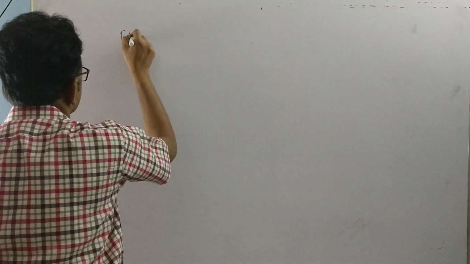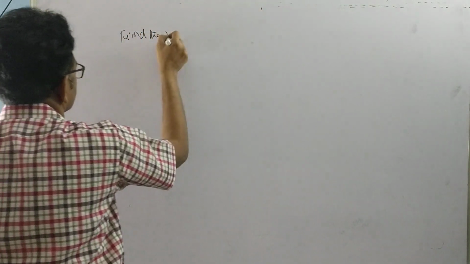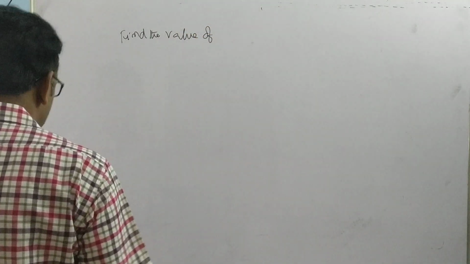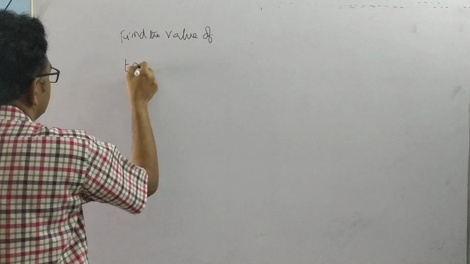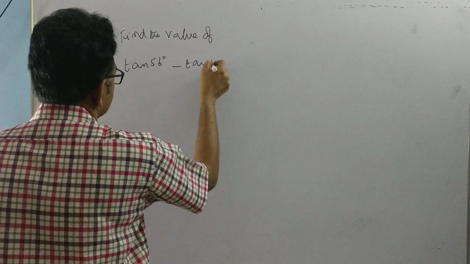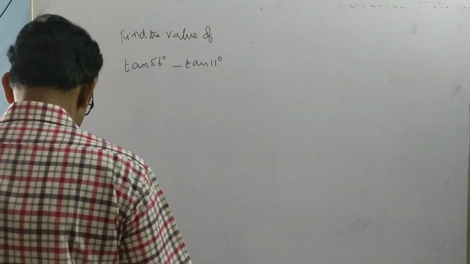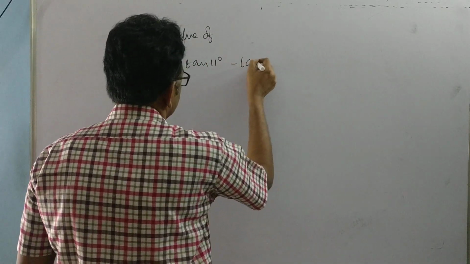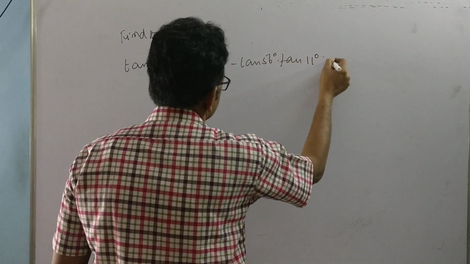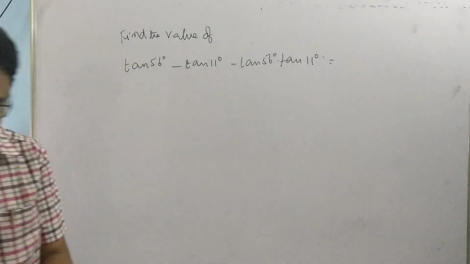So we have another problem by same model. Find the value of tan 56 degrees minus tan 11 degrees and minus tan 56 degrees into tan 11 degrees value is equal to what?